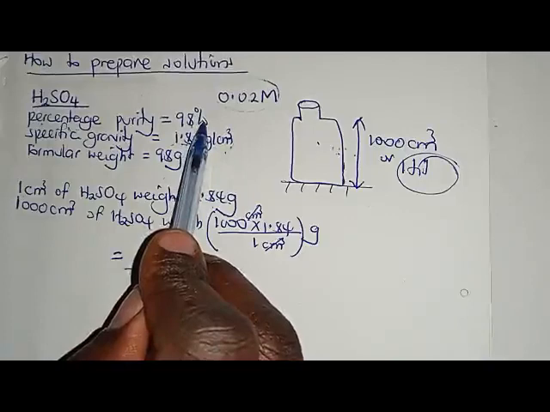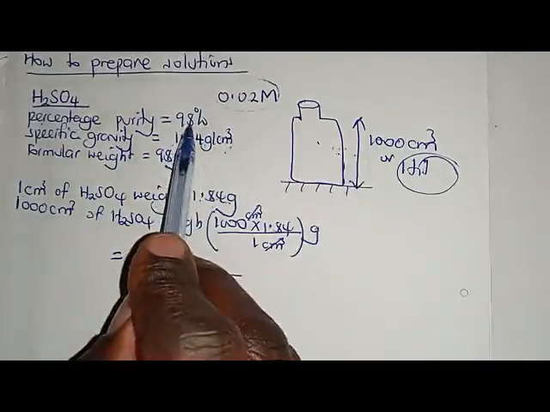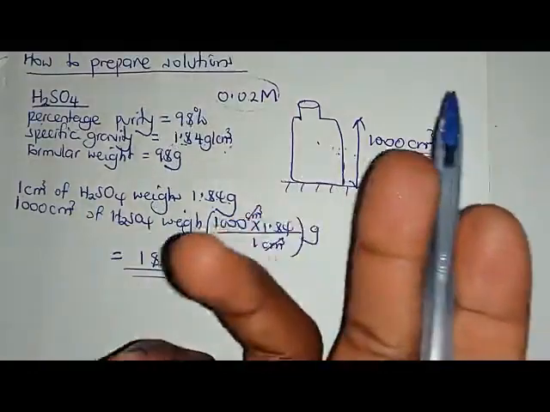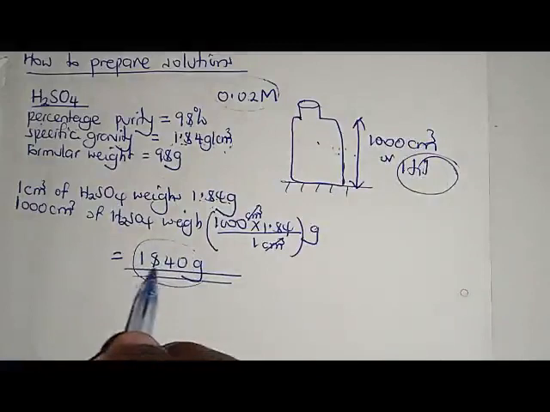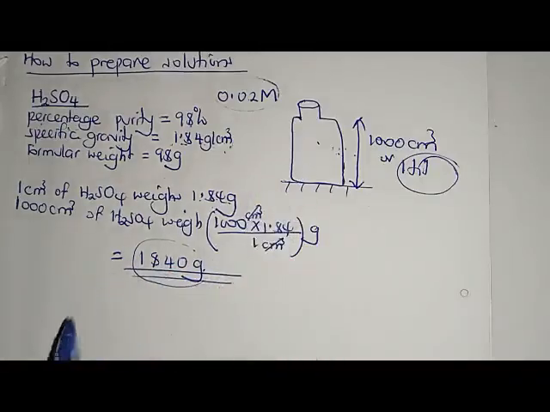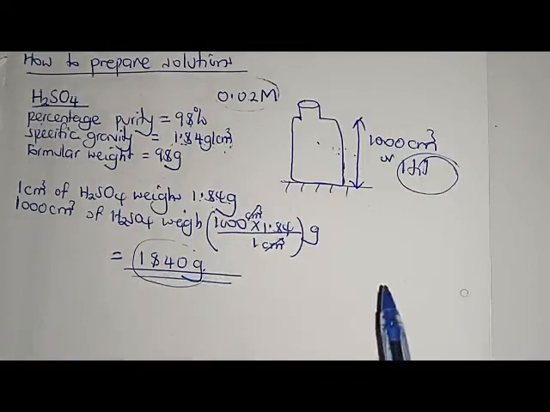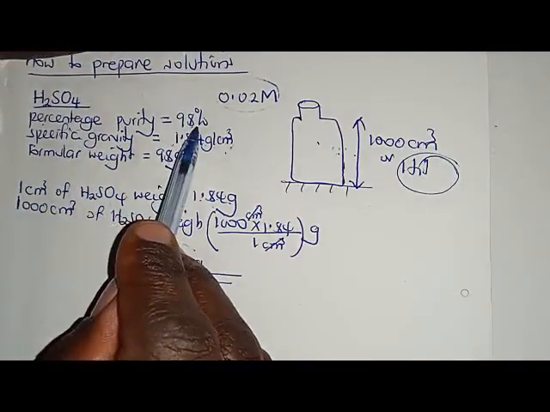But now these are grams of this bottle of sulfuric acid, but remember there's what we call percentage purity. In this case, they're saying the percentage purity of this sulfuric acid is 98. So it means there are some impurities which we don't know. We are getting these 1840 grams, so it means not all of them are pure sulfuric acid, but we want something which is very pure. So what we are going to do is simple. Remember they are saying percentage purity is 98.